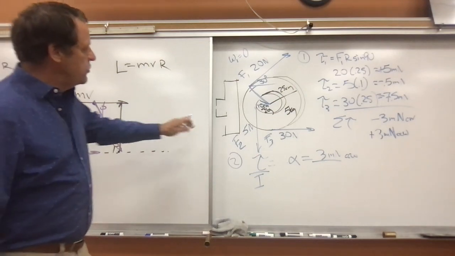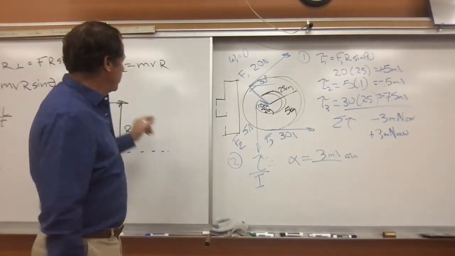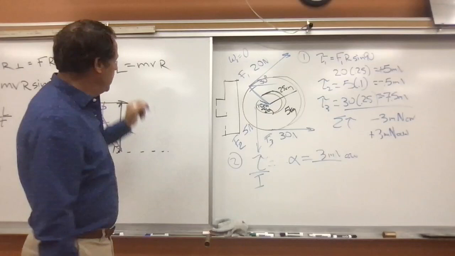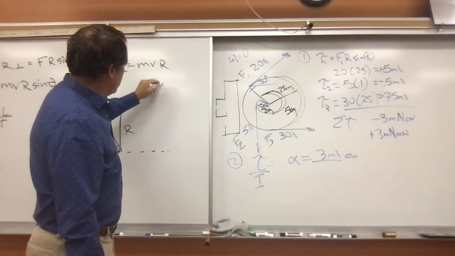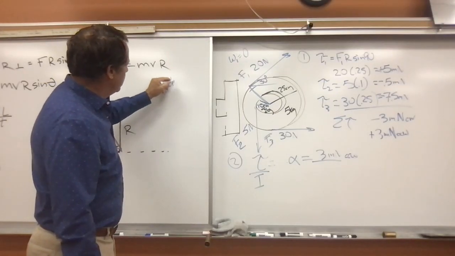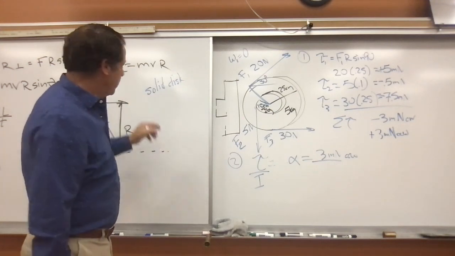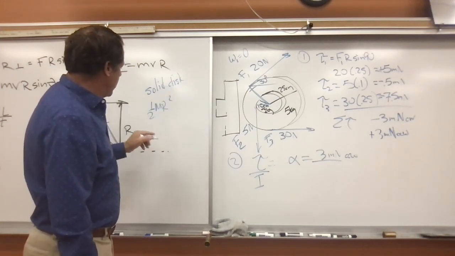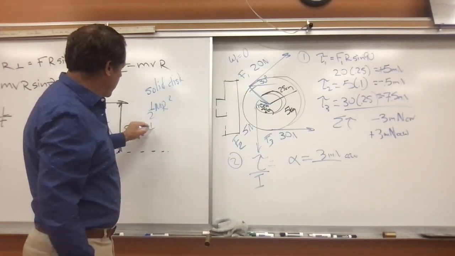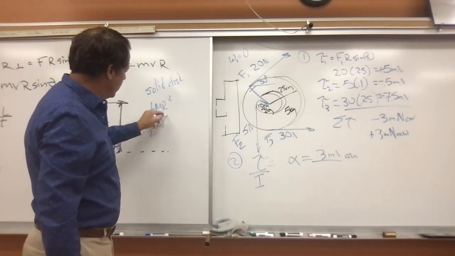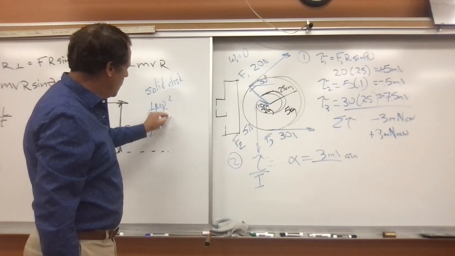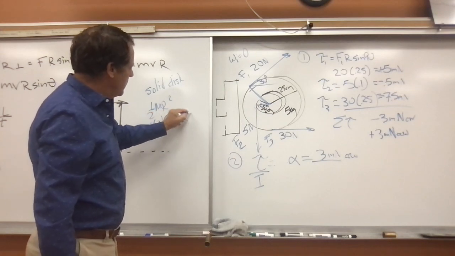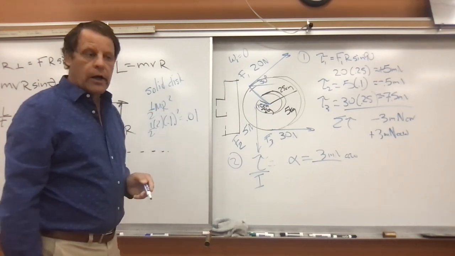So we essentially have 2 solid disks here, and on page 278, the equation for a solid disk for calculating the moment of inertia is 1/2 mr squared. So for our smaller one, we're going to have 1/2 of 2 times 0.1 squared. That's going to give us 0.01.